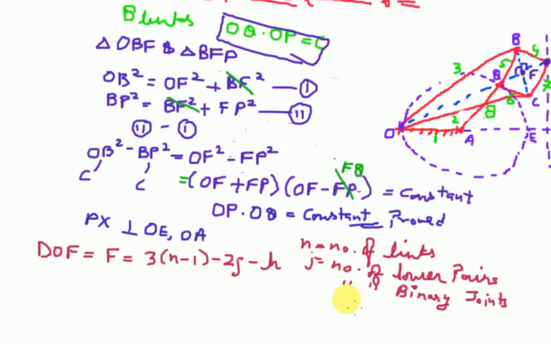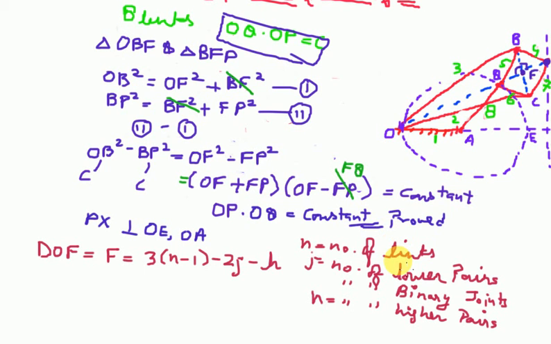And what is h? It is equals to total number of higher pairs, and in this case there are no higher pairs, as all are the turning pairs which have the surface contact, so there is no line and point contact.